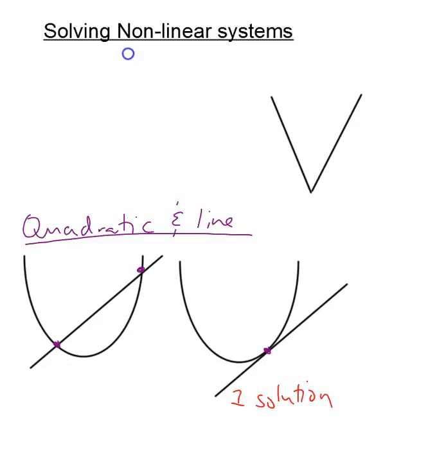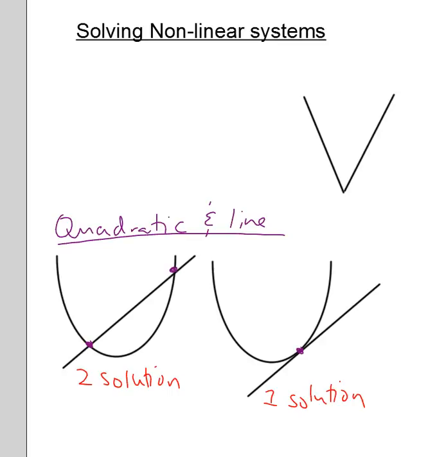So we had 2 solutions here, one solution here, and then for the last one, couldn't you actually have the parabola and the line just not even touching at all, right?